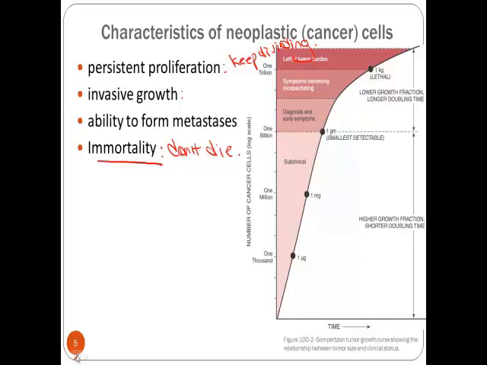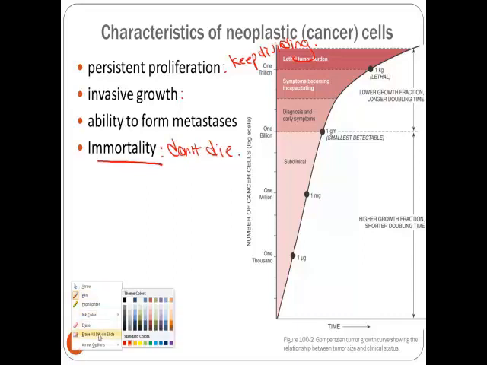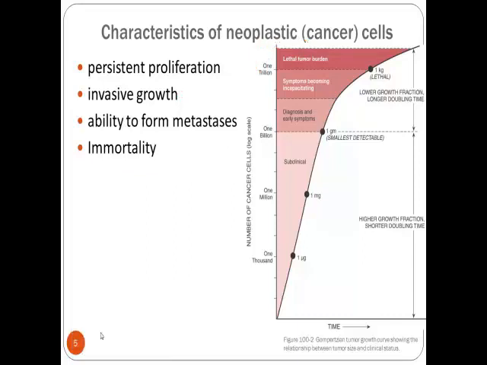Now, if you look at the diagram on the right, you can see that the growth rate of a cancer is actually fairly steep. A cancer mass that weighs just 1 milligram has 1 million cancerous cells.